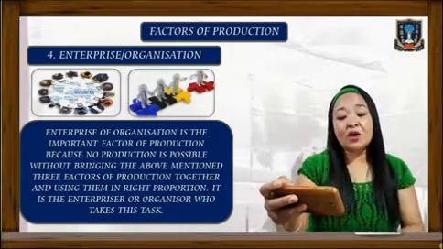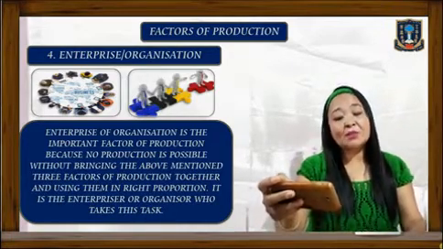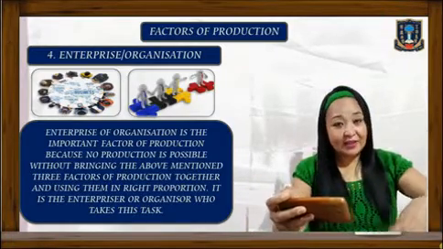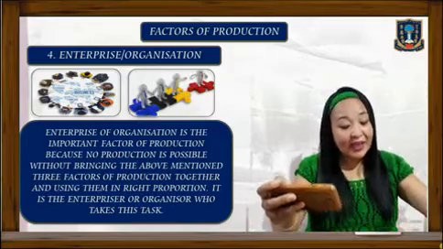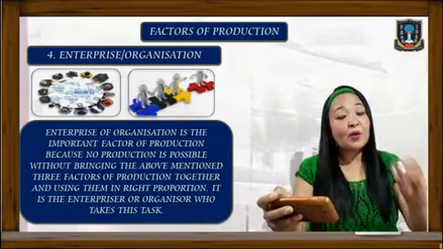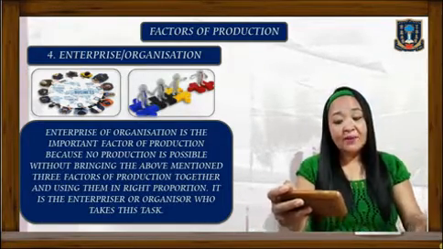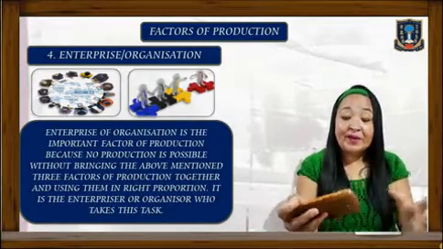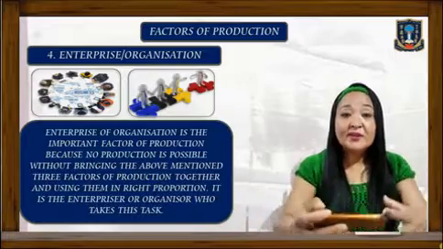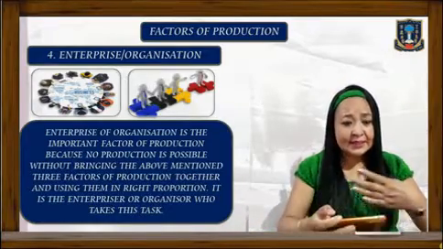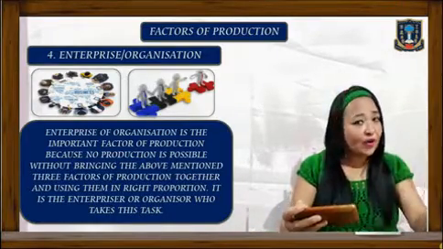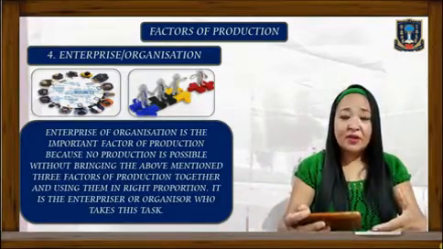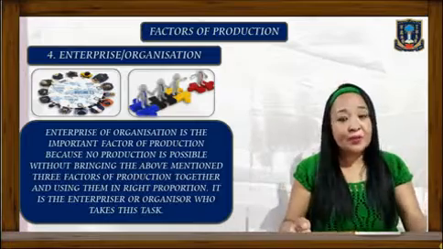As I said, no production is possible without bringing all these three factors of production together, and using them in a proportionate manner. Understood? So it is the organizer or enterpriser who takes this task of bringing all these factors of production together for the process of production.